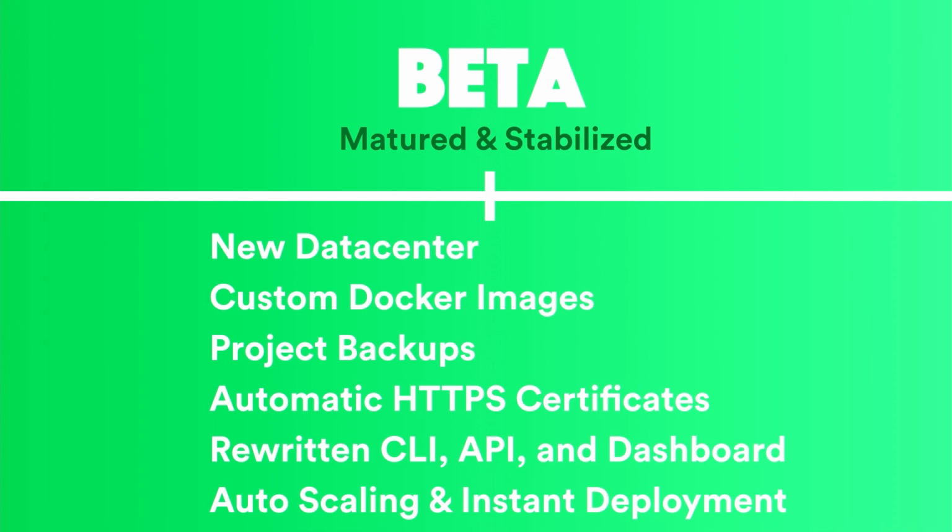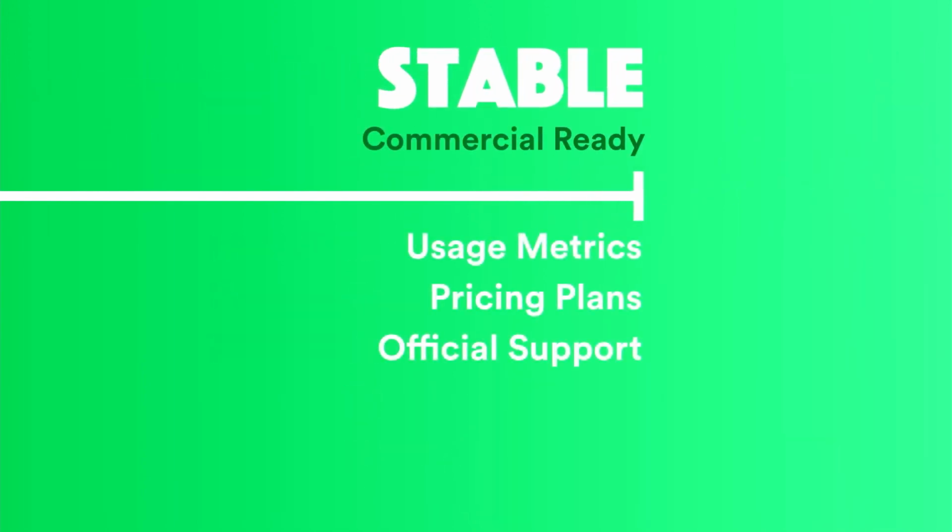Now you're actually able to deploy any Docker container. That was really powerful. HTTPS was also on that. And now, today, we are stable. So we're actually releasing usage metrics for you, pricing plans, and official support.